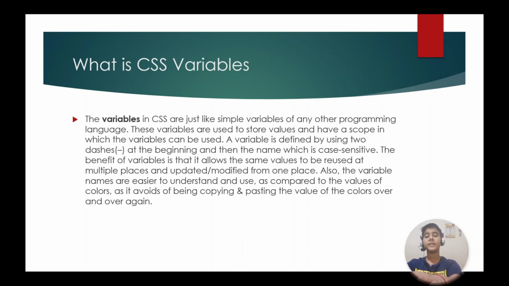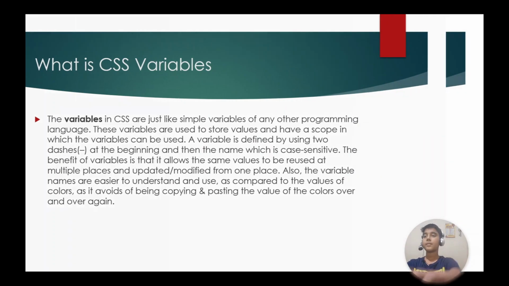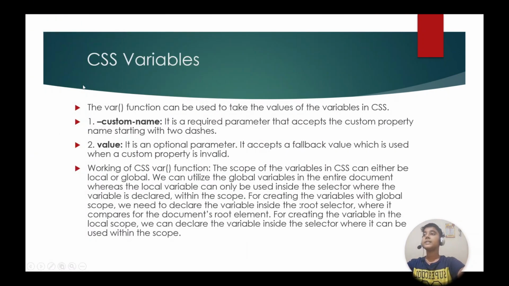A CSS variable is just like any other programming language variable. You first assign it, and then you can use it everywhere in your CSS file. And next, the points. First of all, the var function can be used to take the values of variables in CSS. There are two values.